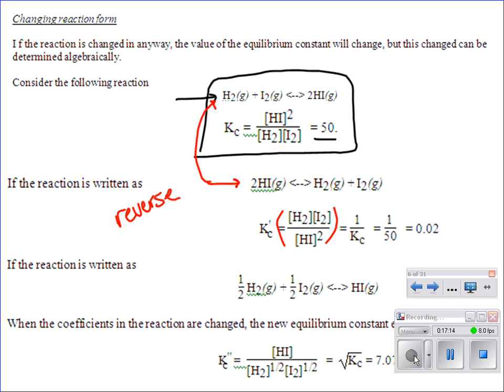Looking at this, what do we do to the expression if the equation is reversed? Flip. What's the flip called in algebra? Reciprocal. You take the reciprocal of the K. So if the equation is reversed, you take the reciprocal of K.